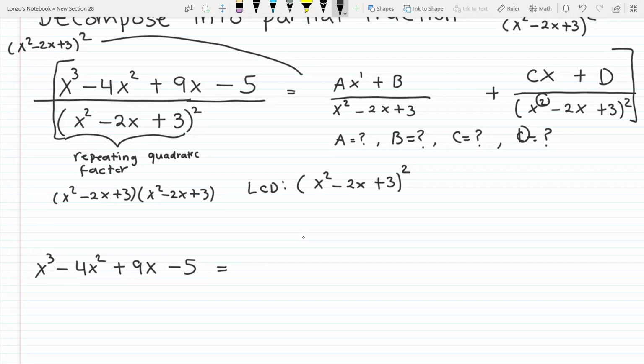So it's going to be ax plus b times x squared minus 2x plus 3, because the power 2 and the power 1 cancel, you're left with power 1. Plus, and then on the right, what do you see that cancels everything? So you're just left with cx plus d.